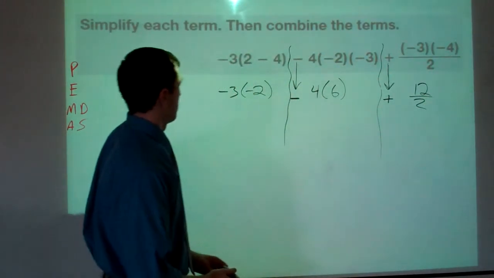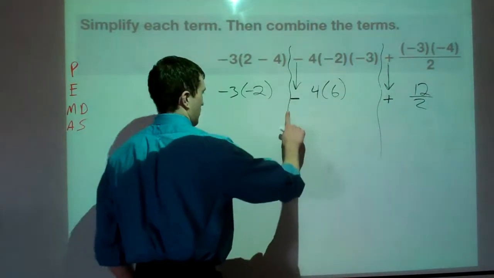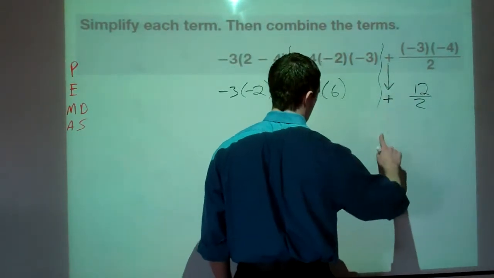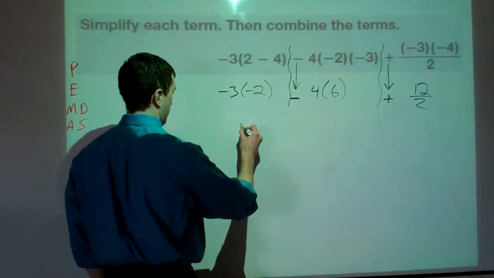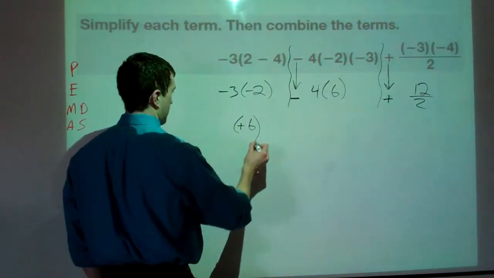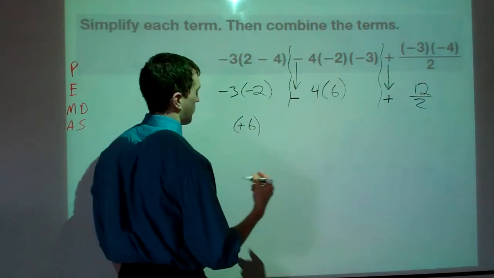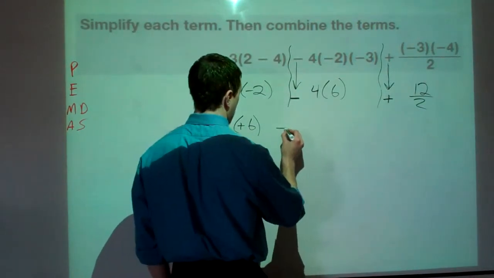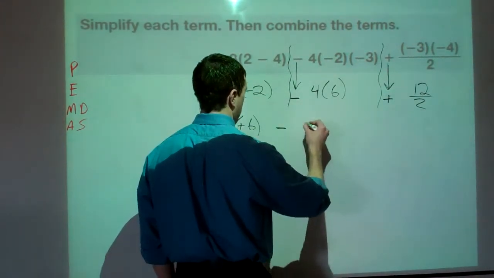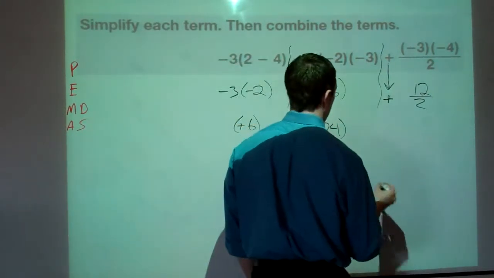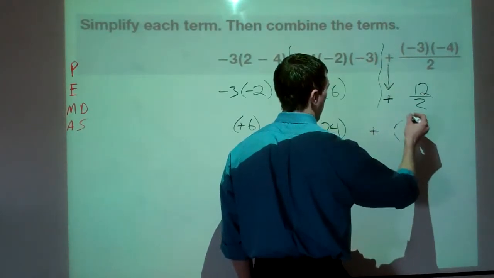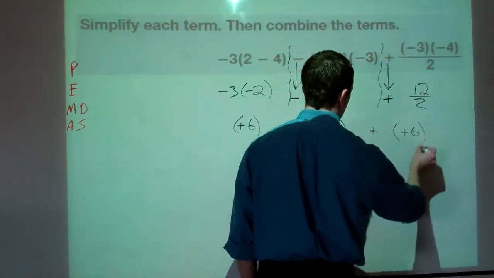Alright, so let's finish this one out. We've got -3 times -2, so positive 6. 2 negatives times each other gives us positive, minus a positive 24, 4 times 6, plus 12 divided by 2, positive 6.